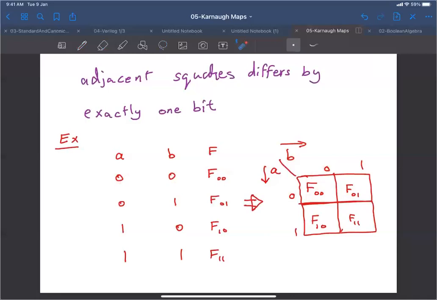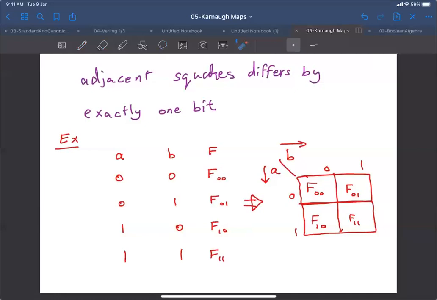This way, we place every adjacent square next to its true adjacent square, okay?